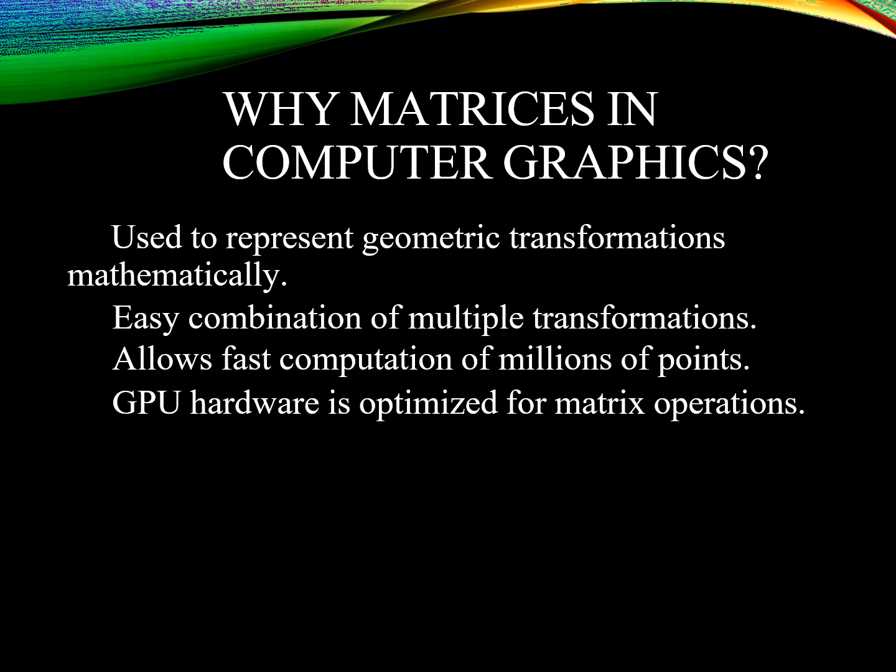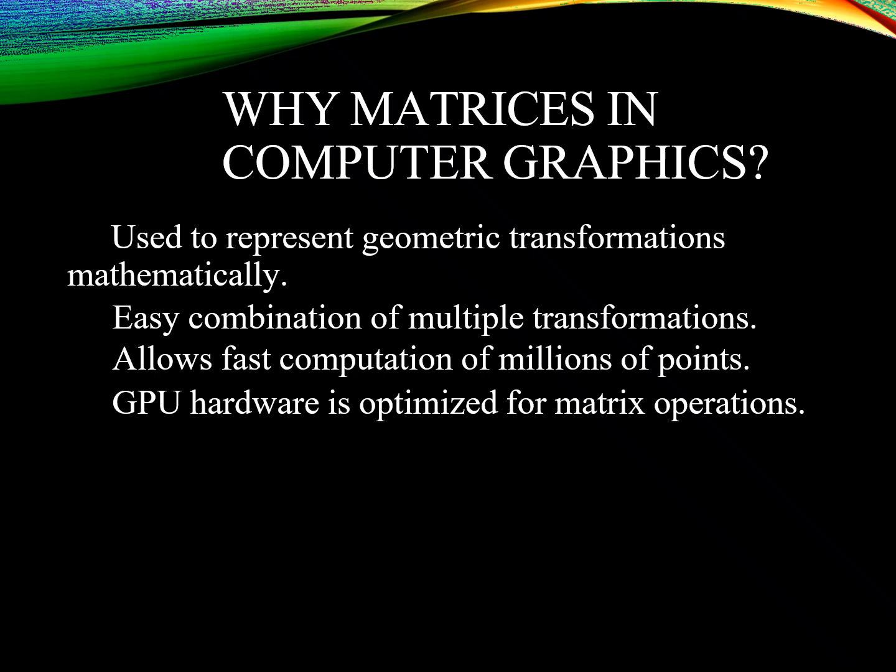Now the question arises, why matrices? Why do we use matrices in computer graphics? As we discussed, matrices are used because they provide a mathematical way to represent transformations. Instead of writing separate equations for every point, we simply multiply the point by a transformation matrix.